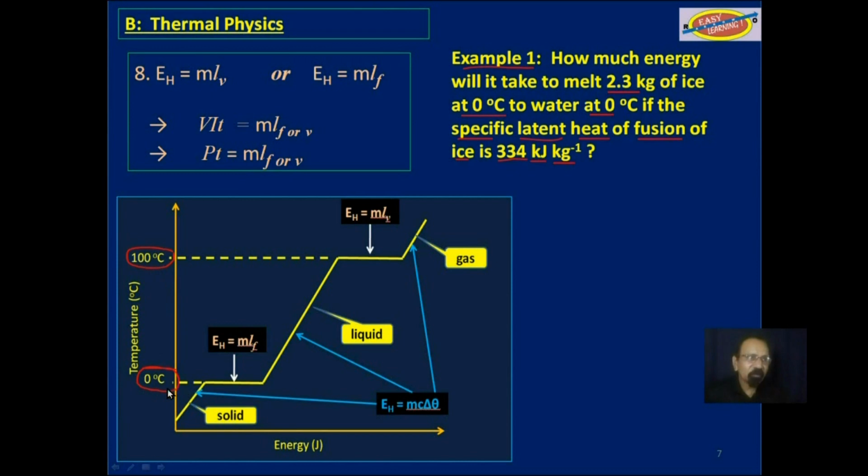In this case, we are not moving out from here because it says at 0 degrees Celsius. So you start out with 2.3 kilogram of ice at 0 degrees Celsius. So you are starting here at A, that's our starting point. And you want to convert it to water at the same 0 degrees Celsius.